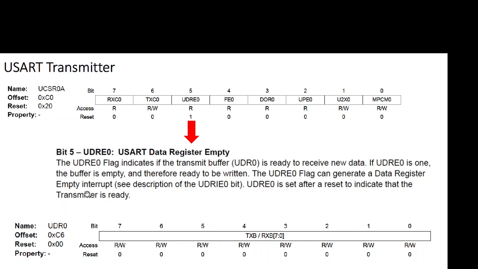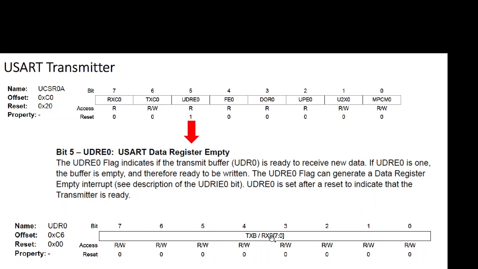Other than that, when we are transmitting data, we have to set this UDR0 register to whatever values we want to transmit, and then this will automatically push this data out of our UART. The problem is we don't know whether the bits we have already set have been transmitted or not.